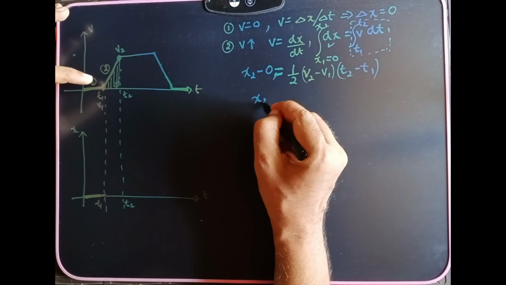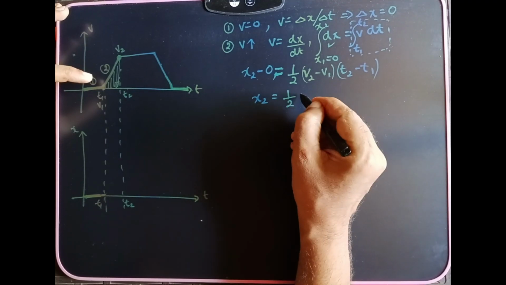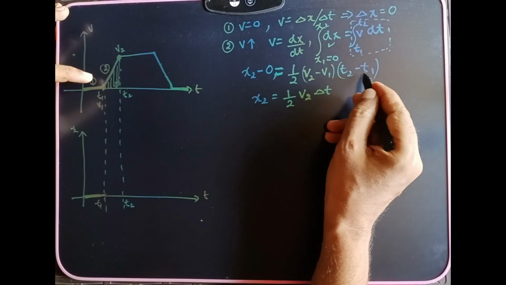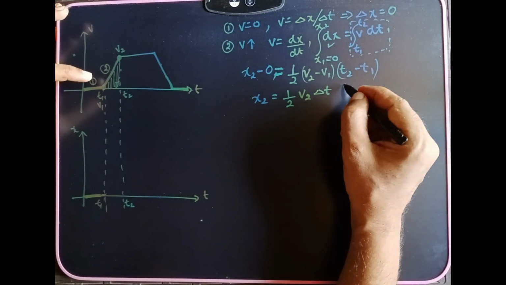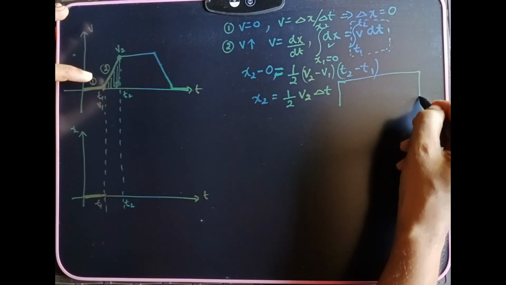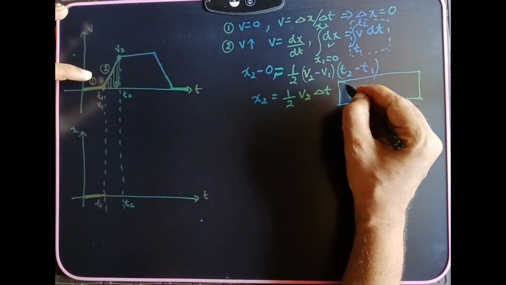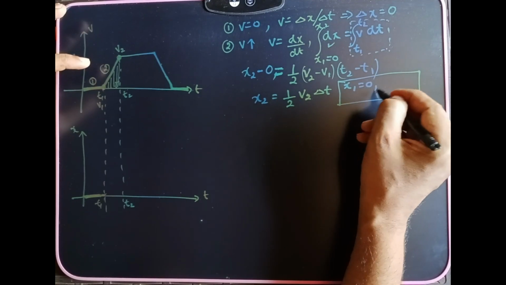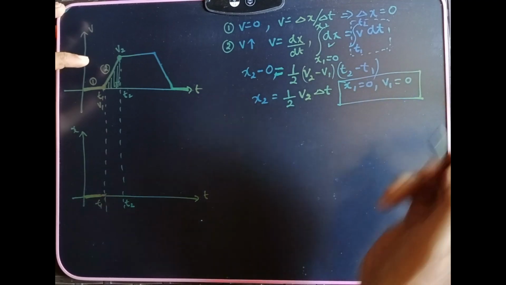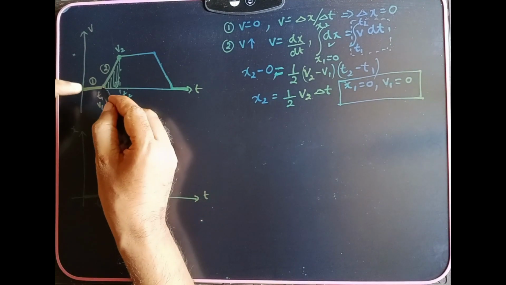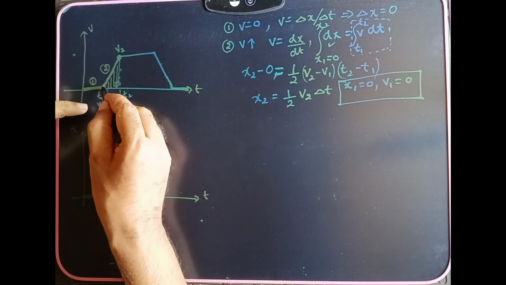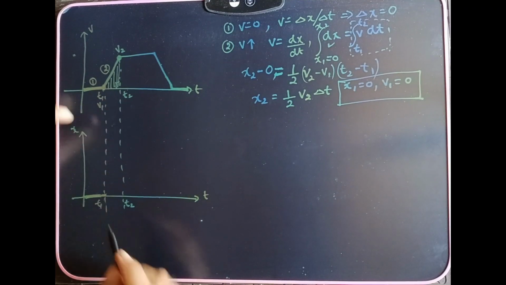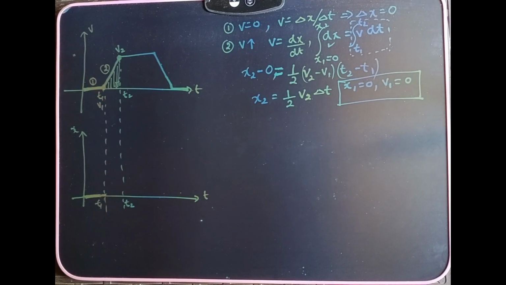So I'll get X2 is equal to half V2 delta T. I can say T2 minus T1 is delta T. And we also know that X1 is 0 and V1 is 0, right? Because we're starting from this point. V1 is this point where it is 0. And we know x1 is also 0 for that particular position, for that particular velocity.